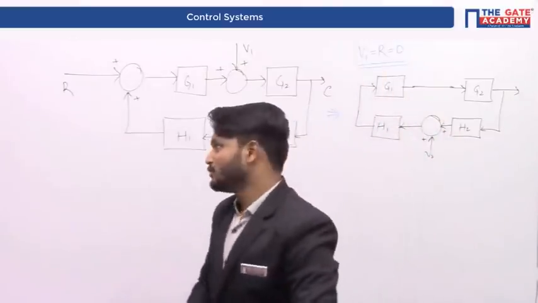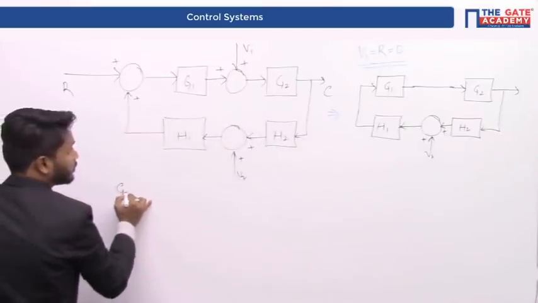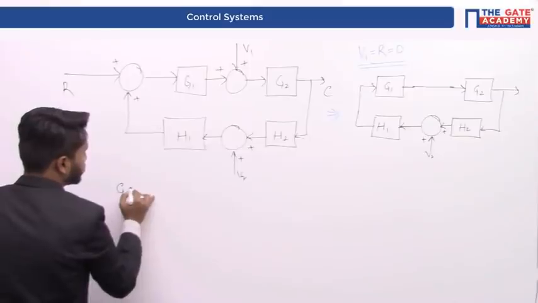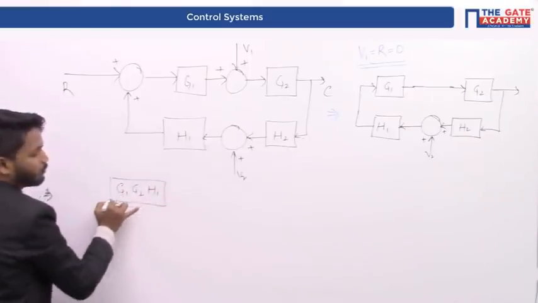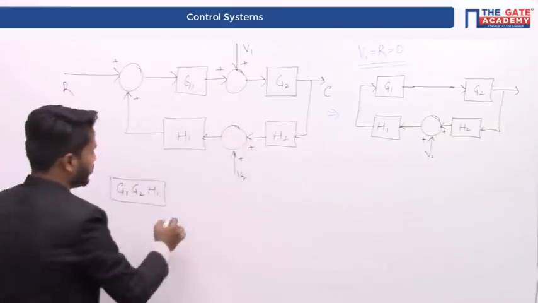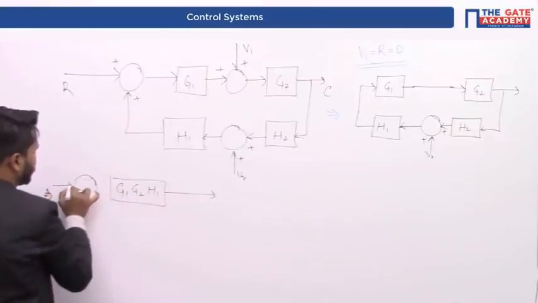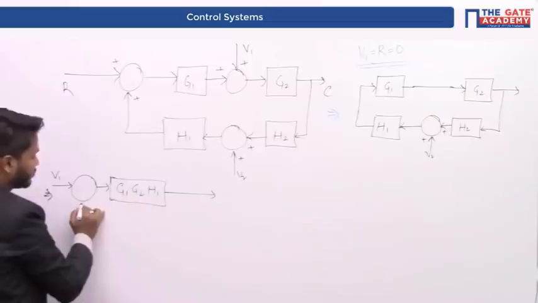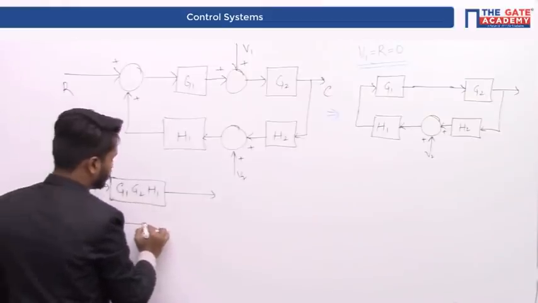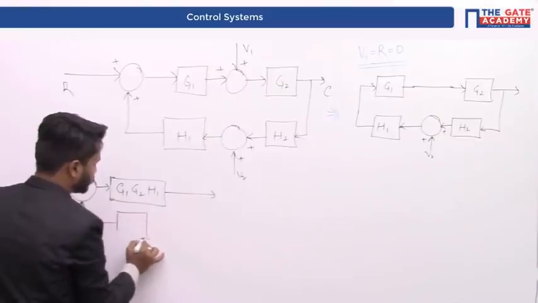So this can be reduced like this. G1, G2, H1, because all the three are cascaded and this has to be placed in the forward path. V1 is your input. And in the feedback path, we have H2.